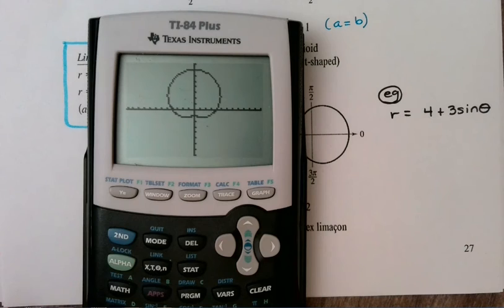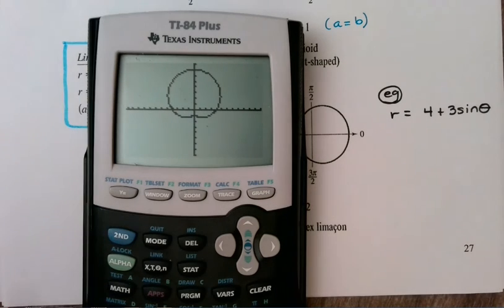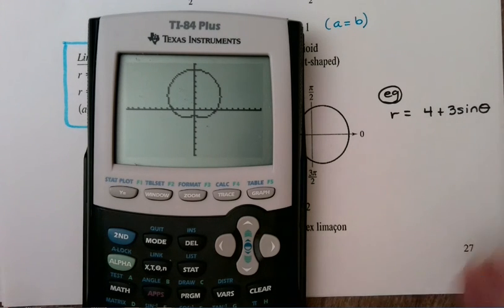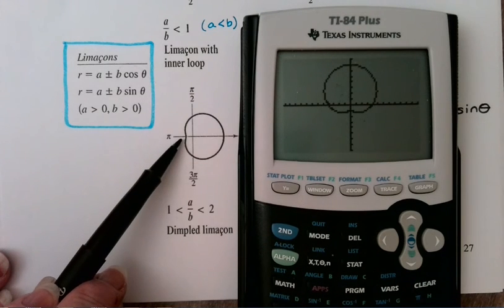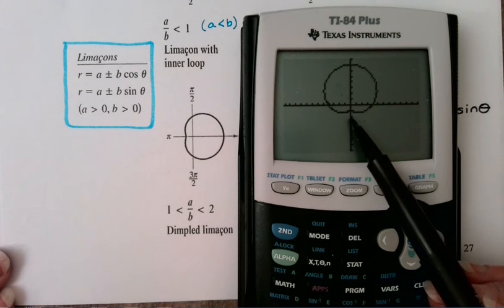All right, it is a dimpled limaçon. Notice that there's a little dent here, but the point doesn't reach all the way to the pole. So it's not a cardioid, it's a dimpled limaçon. What did using sine do instead of cosine? Notice, instead of the dimple being on the horizontal axis, the dimple is on the vertical axis.